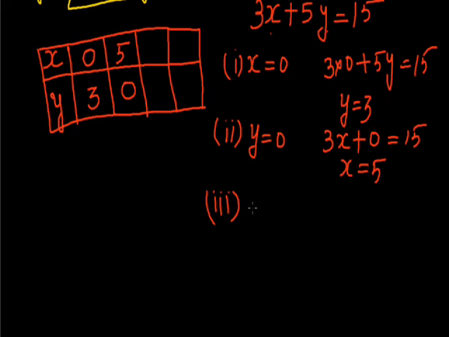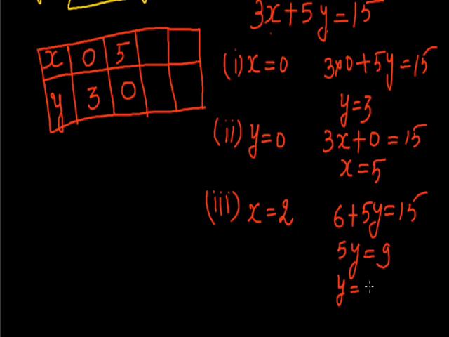So if x equals to 2, we are getting 6 plus 5y equals to 15. So 5y equals to 9, and then y is 9 by 5. That is 1.8. If it is not easy to locate the point, we will get another point.